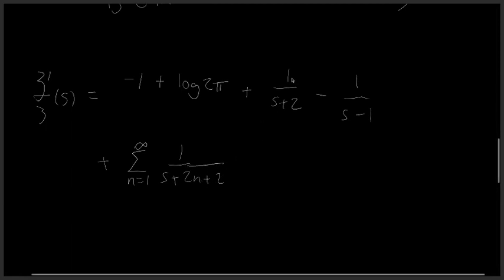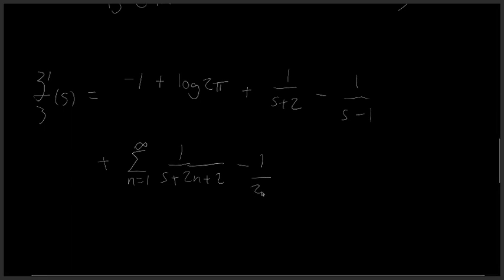So looking at this, maybe I probably should have taken this term and included it in the sum. But that's okay. Minus 1 over 2n.